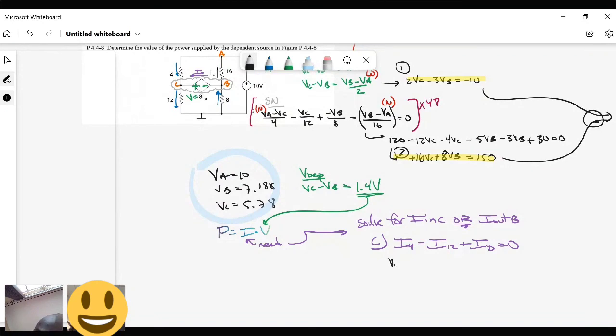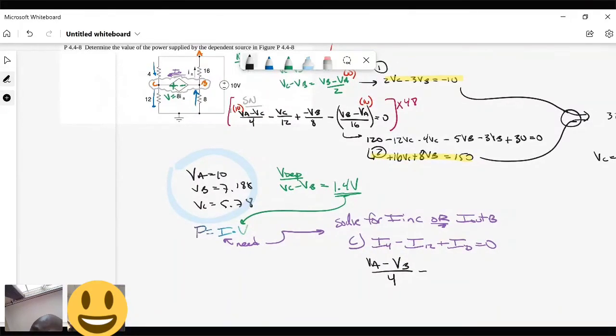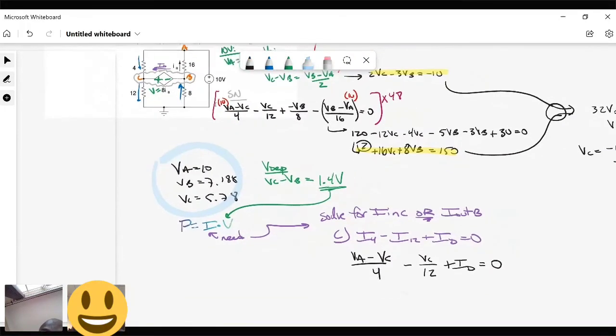I4 I know is going to be VA minus VB over 4, minus I12 is going to be VC over 12. Wait, plus. How is it VA minus VB? I'm sorry, it's VA minus VC. I messed up. VA minus VC over 4. There we go. Does that equation make some sense? Yeah, it does now. And all I got to do is plug and chug.